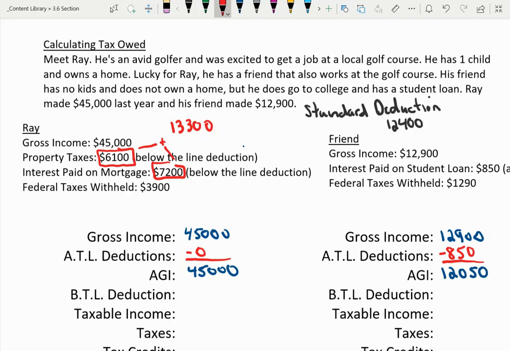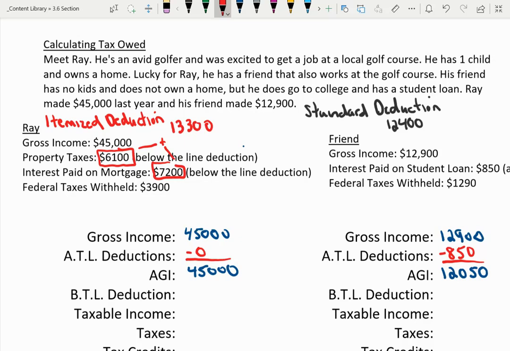All right. In this case, Ray is going to want to use the itemized deduction rather than the standard deduction, because the standard deduction is 12,400, but his is 13,300, which is better.